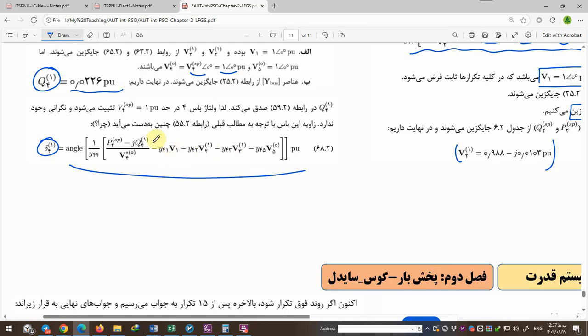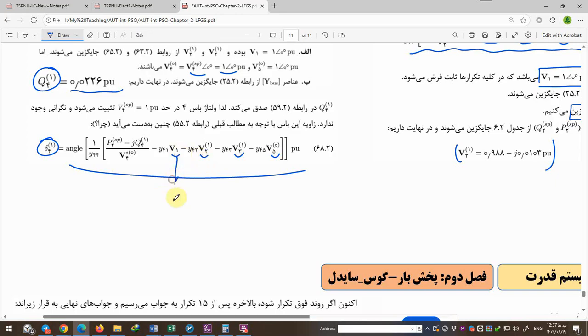For example, for finding delta 4, we have to use v1, v2, v3, and v5. Which one has a new version of parameter and which one has an old one?